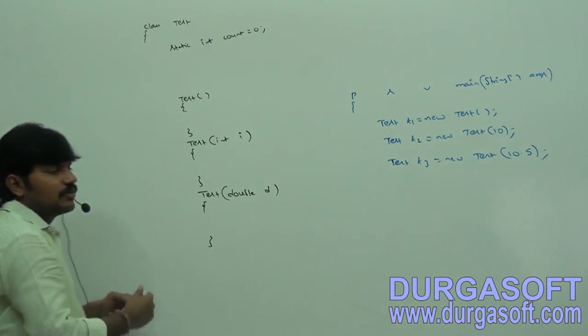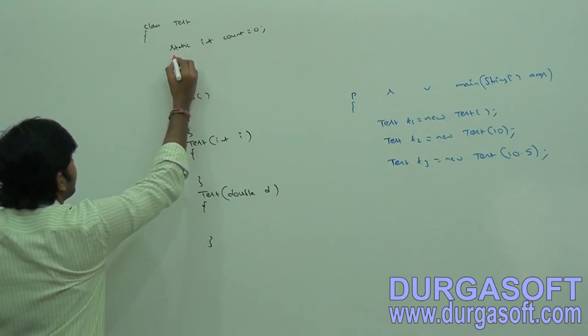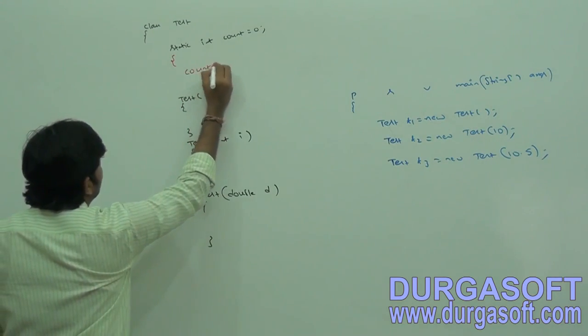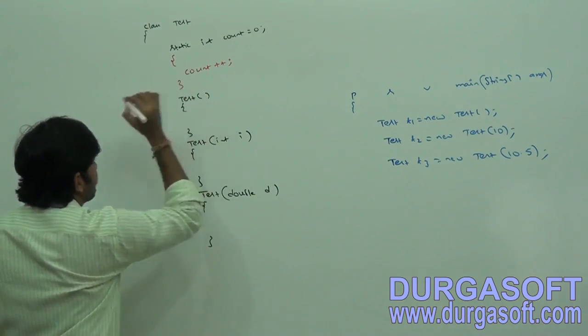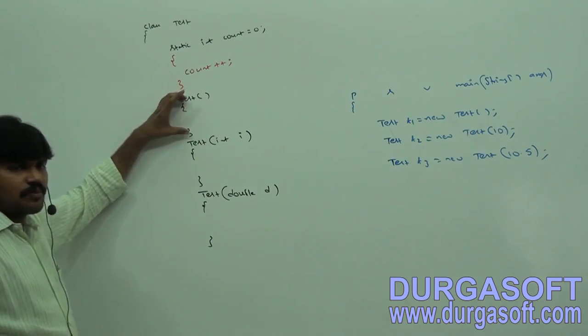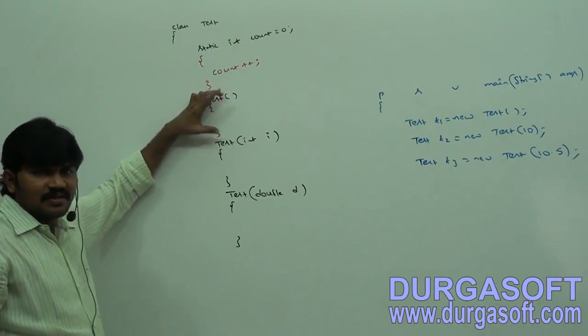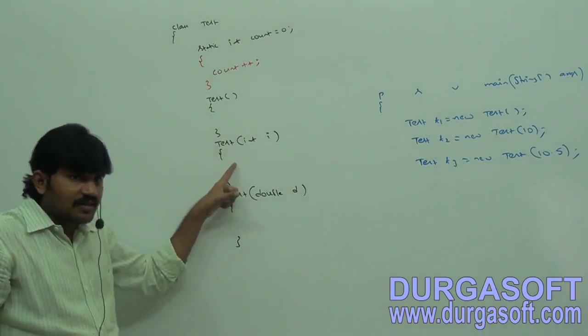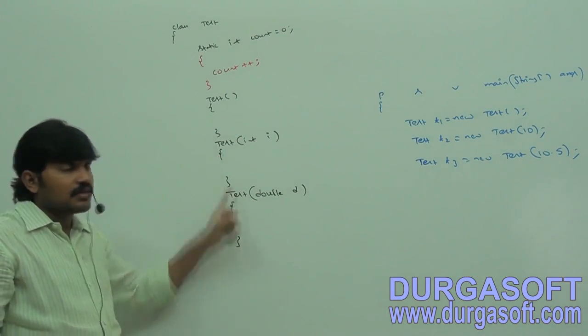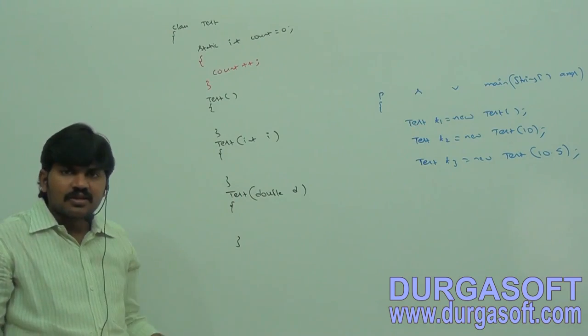What I will do, just let me write an instance block and within it I can take count plus plus. You may call any constructor, but first the instance block and then the constructor.